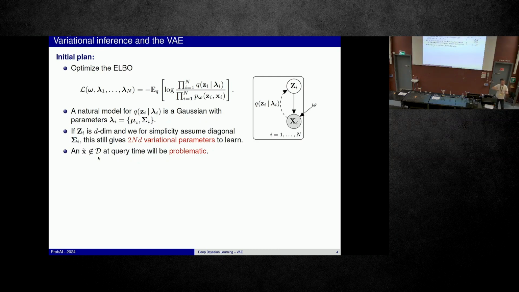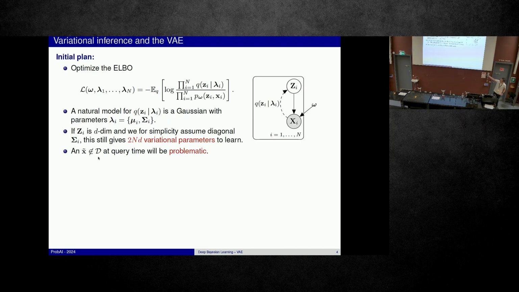If we put in these rather restrictive modeling assumptions on the variational distribution, and start to sum up the number of variational parameters, then we have 2 times n times d variational parameters to learn.